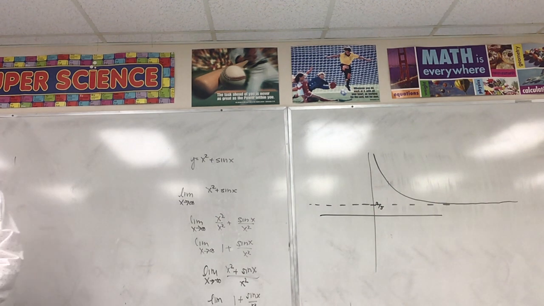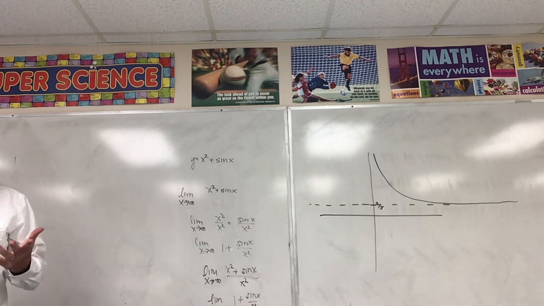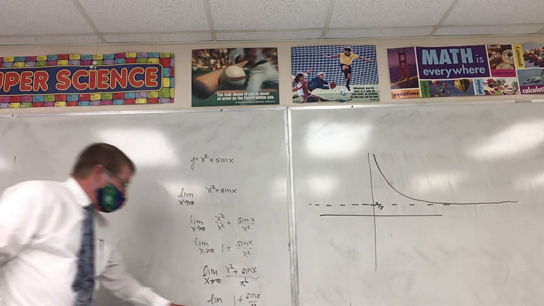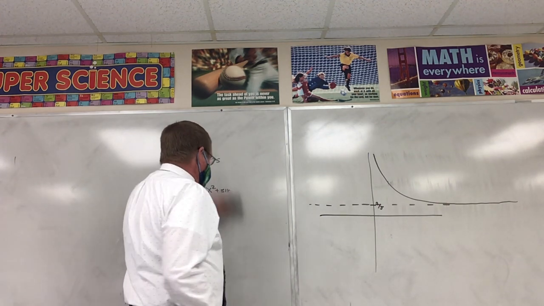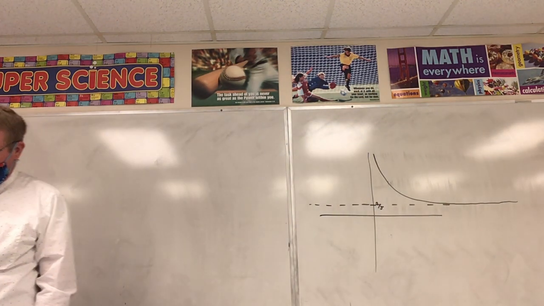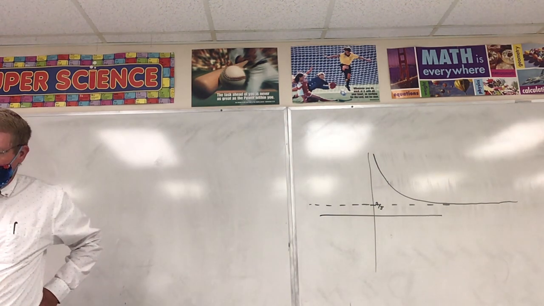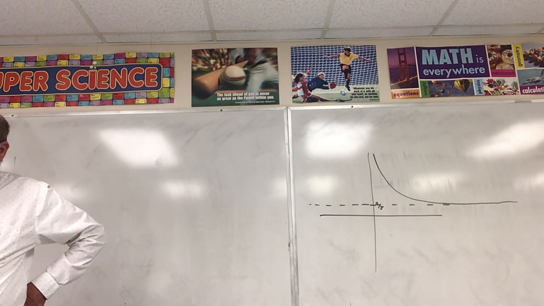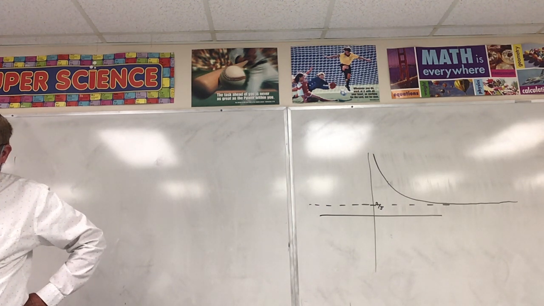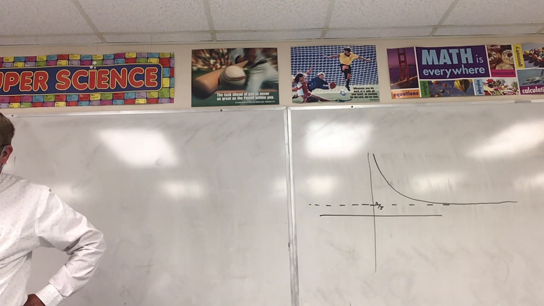Okay, so let's look on page 76. It says use graphs and tables to find the limit as x approaches infinity of f of x and as x approaches negative infinity of f of x, and identify all horizontal asymptotes.